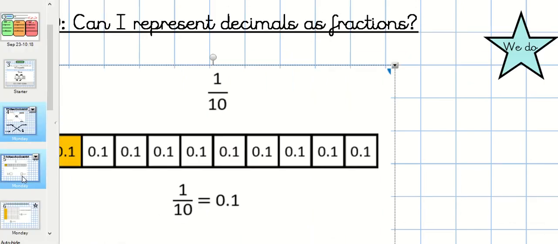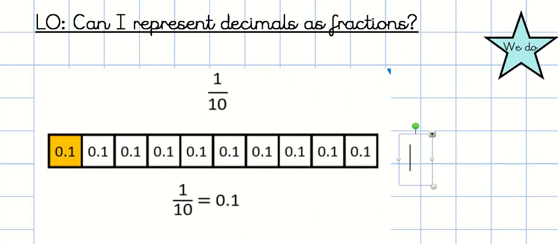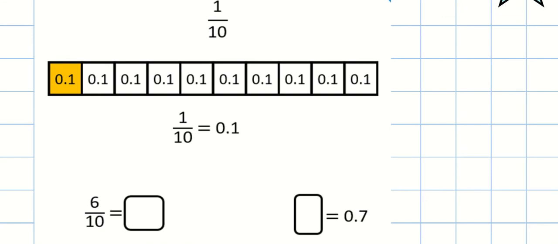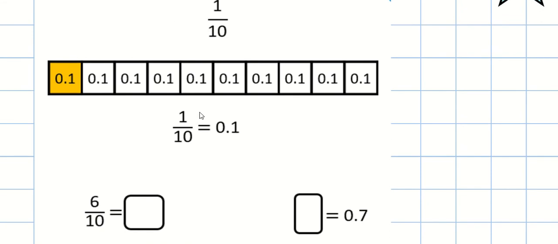If we move on to the next sheet, let's have a look at 1 tenth here. Well, we know that 0.1 is the same as 1 tenth. 1 tenth is equal to 0.1. So what's the decimal for 6 tenths? Well, that's right. It has 6 lots of 0.1.